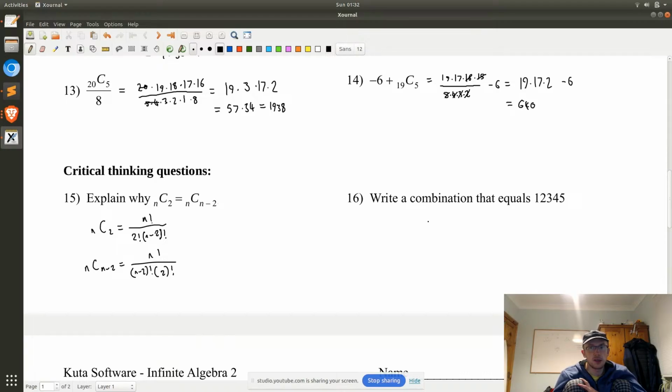And write a combination that equals 1, 2, 3, 4, 5.